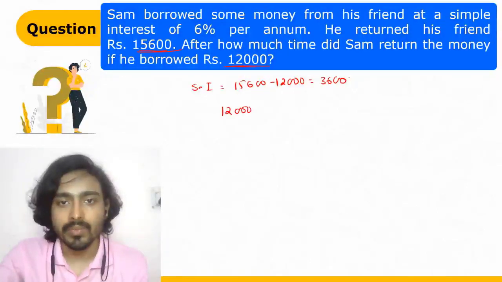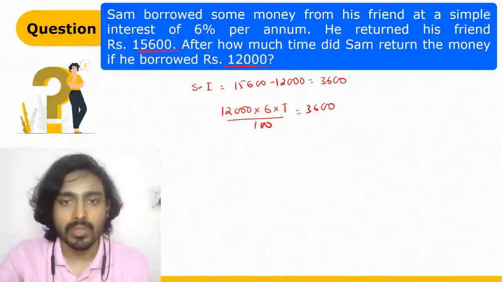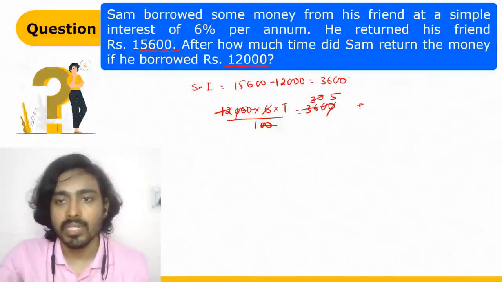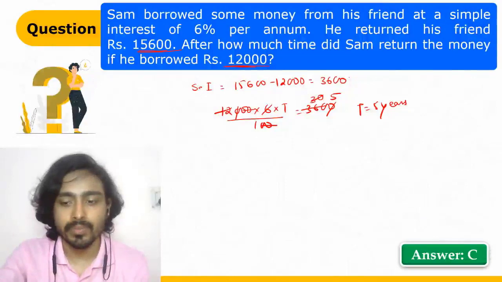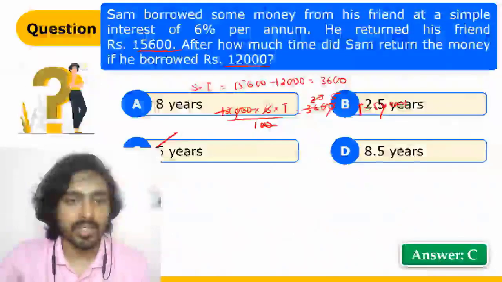So 12,000 into 6 into t upon 100 is equal to 3,600. Okay, when you will solve this out, you'll get T is equal to 5 years. Let's look at the options. Yes, 5 is the right answer.